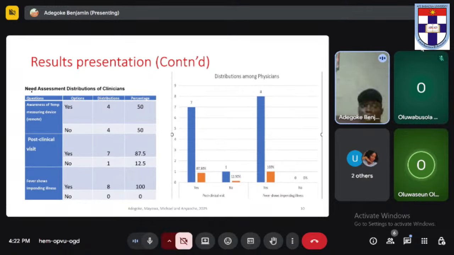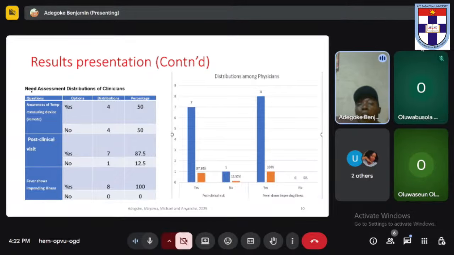From their response, about 87.5% want post-clinical visits, that is, the visitation of a client to the hospital after medical treatment, which they say is very important.